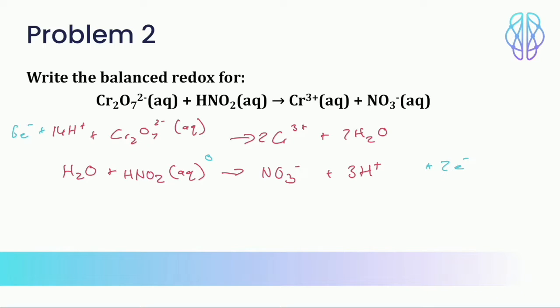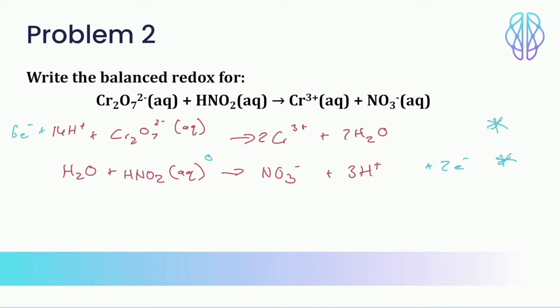The next step is we've got to bring them together. And to bring them together, we've got to balance the electrons across both our reactions. So we know in our top half reaction, we've got 6 electrons on the left-hand side, and on our bottom, we've got 2 on the right-hand side. So they're not going to cancel one another out. So we need to do something to our bottom equation.